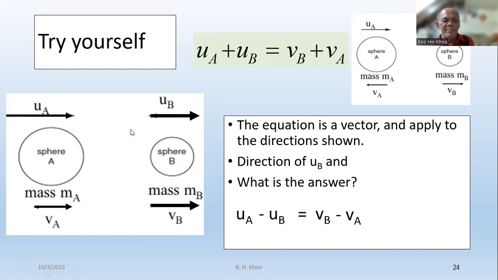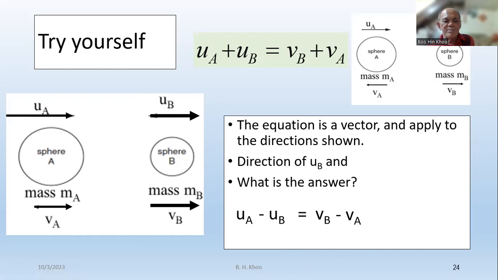Same direction, positive. Opposite direction, that one there, negative. The right direction is that one. But this one is opposite direction to that one. So you have to put a negative sign there. So that's the answer.